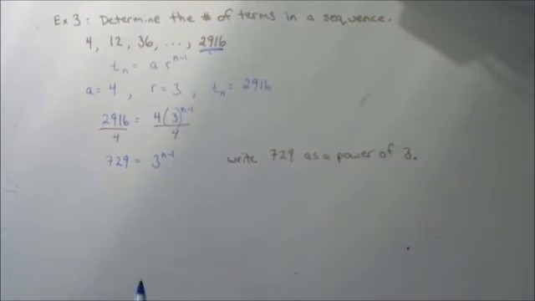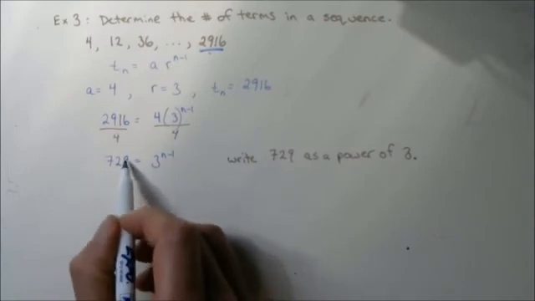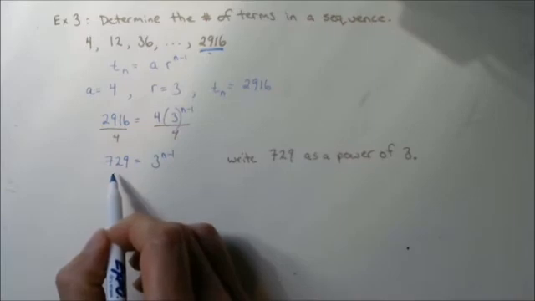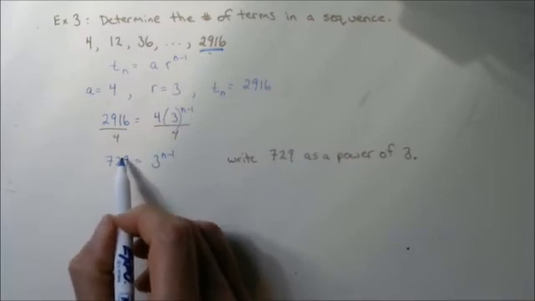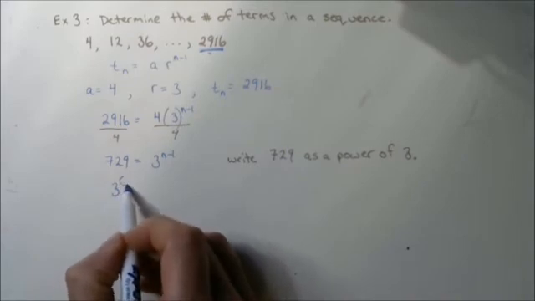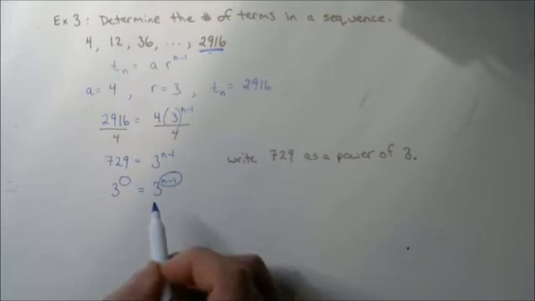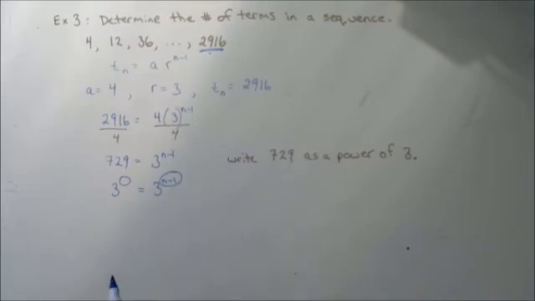Why do we do that? Well, this side is written as a power of 3. So if I can write 729 as a power of 3, then I'll be able to say that the exponent here on the left side, 3 to the power of whatever, is going to be equal to the exponent here. All right? A couple ways to do this.